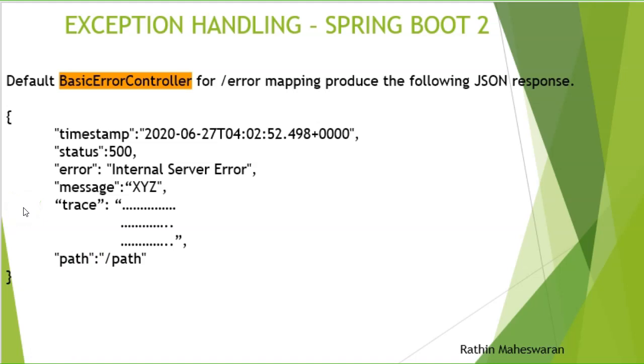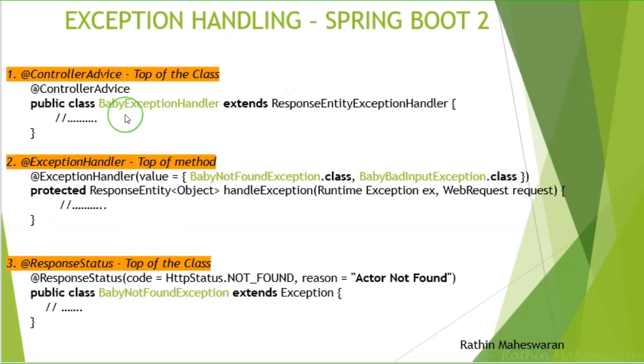Generally, we want to override this default behavior in our enterprise applications, and we tend to customize it with our own format globally throughout the application for all types of exceptions, to return the appropriate exception to the client. We are going to briefly discuss the following annotations involved in the exception handling of Spring Boot 2.